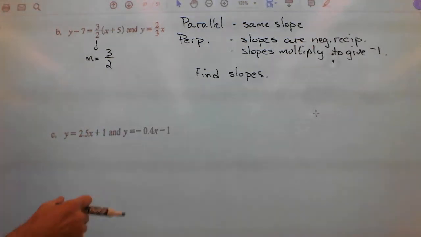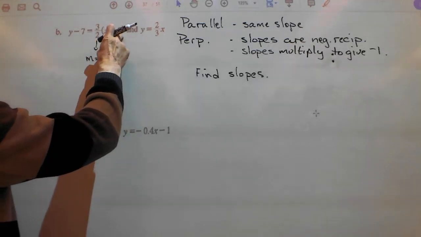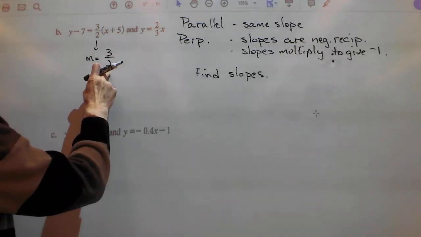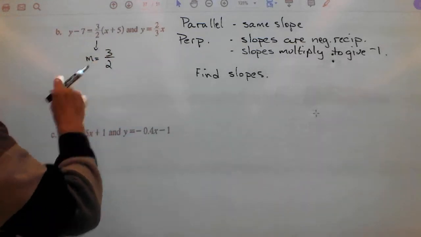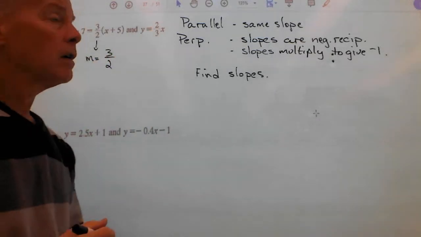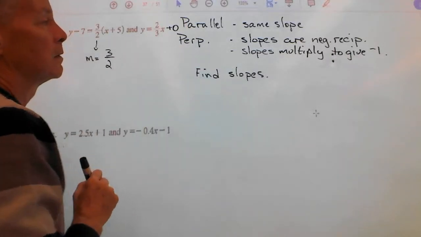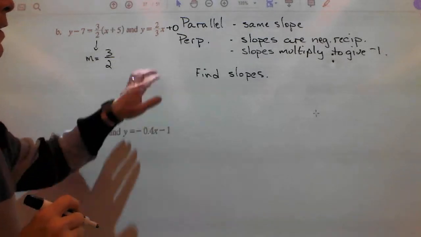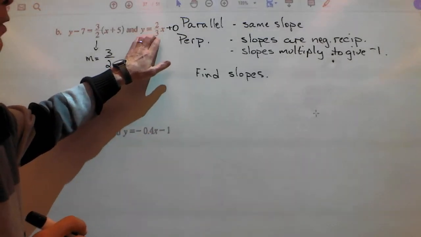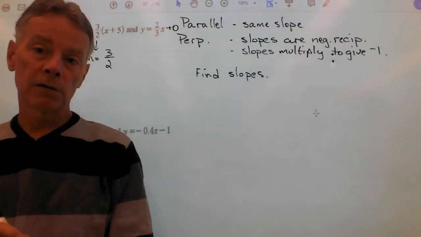Okay? So, the number outside the expression containing x is your slope, so our slope here is 3/2. This one, although it looks a little odd, if I write it like this, all that means is this is a line in slope-intercept form that has a y-intercept of 0, okay?